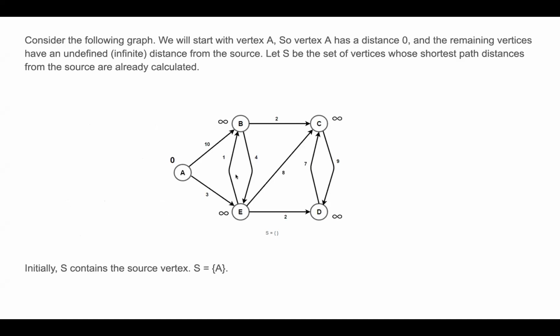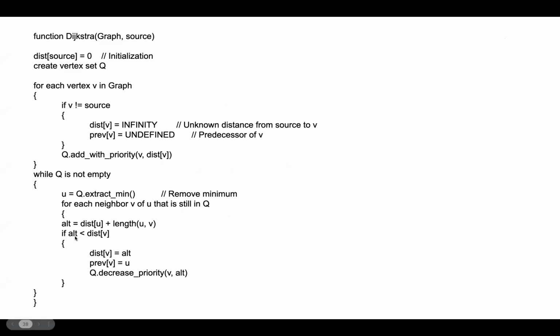So in that case, U vertex is this E and B vertex is V. Here alt is equal to distance of U plus length of UV. If alt is less than distance of V, then distance of V is assigned to alt and previous of V will be assigned to U.